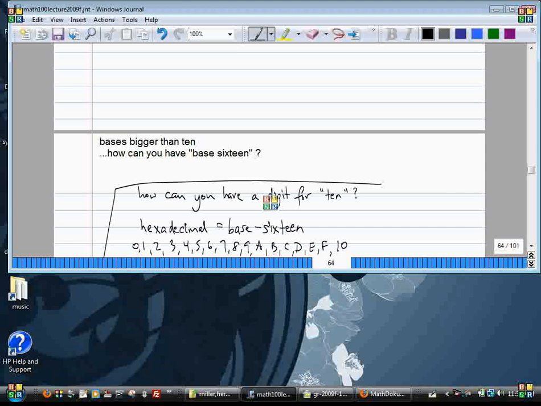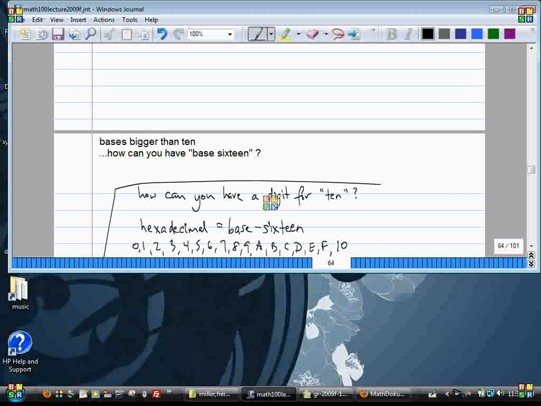So this is written in base 16, but let's count it out in base 10. 0 is 0, 1 is 1, 2 is 2, 3 is 3, 4 is 4, 5 is 5, 6 is 6, 7 is 7, 8 is 8, 9 is 9. A is 10. B is 11. C is 12. D is 13. E is 14. And F is 15.